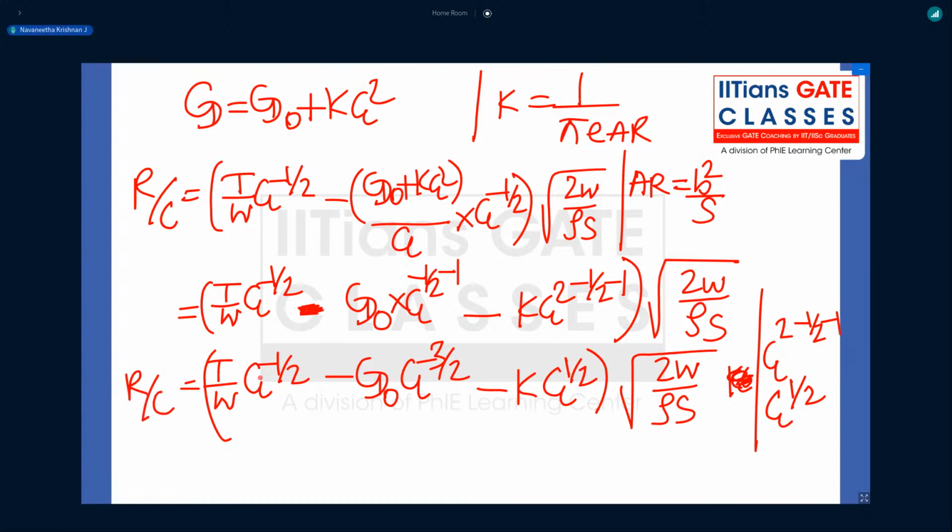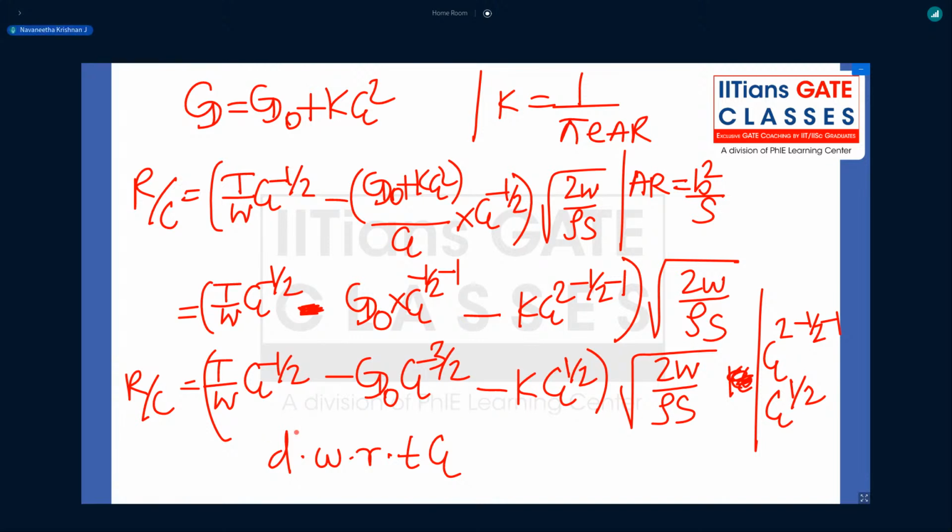In order to get the condition for maximum rate of climb for a jet engine aircraft, I differentiate this with respect to CL and equate it to 0. You would have studied maxima and minima in mathematics. If I differentiate and equate to 0, we get the condition for maximum or minimum.